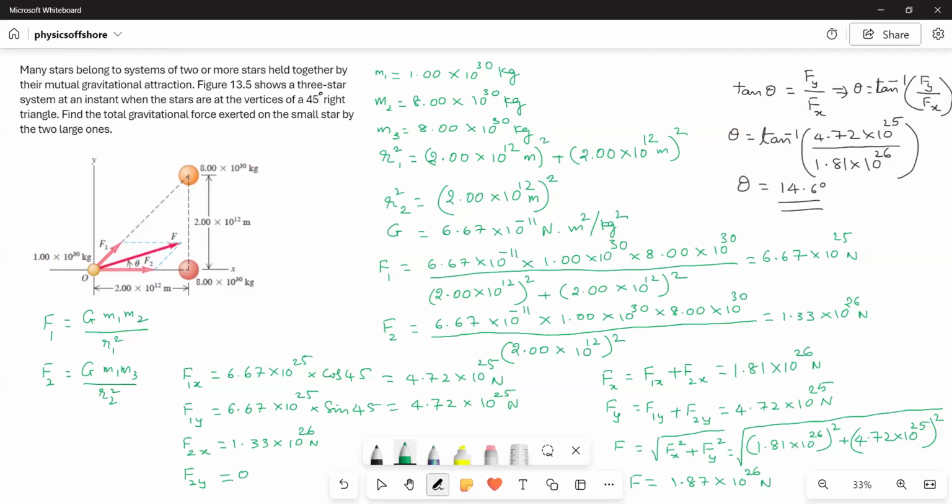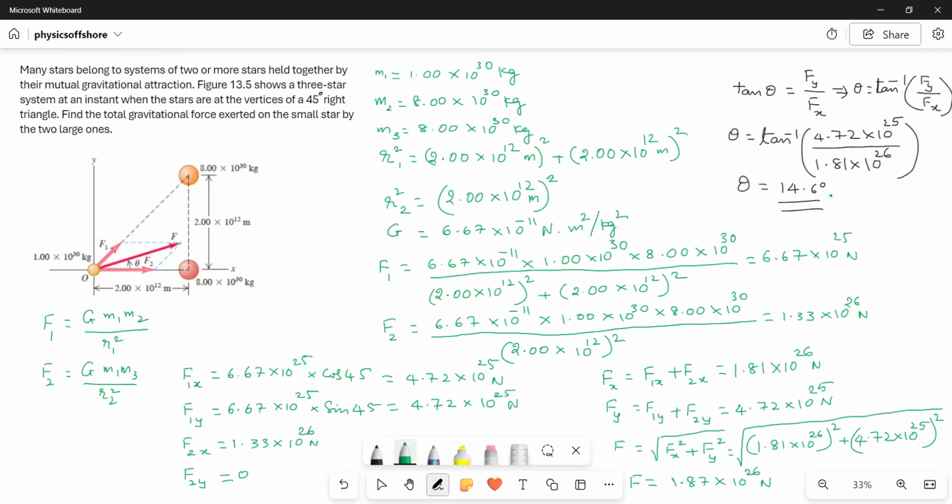Now we have to find the direction, that means the angle. We get that angle using tan theta. Tan theta is equal to Fy by Fx, or theta is equal to tan inverse of Fy by Fx. Plugging in the values, we get theta equal to 14.6 degrees.